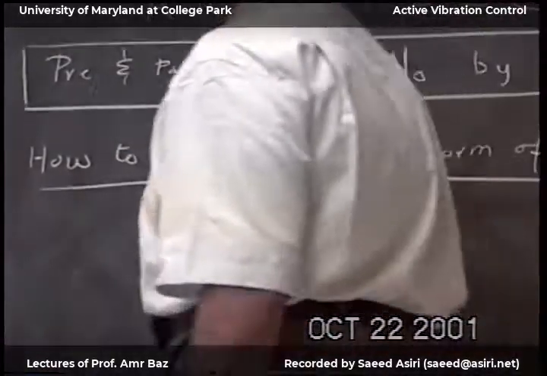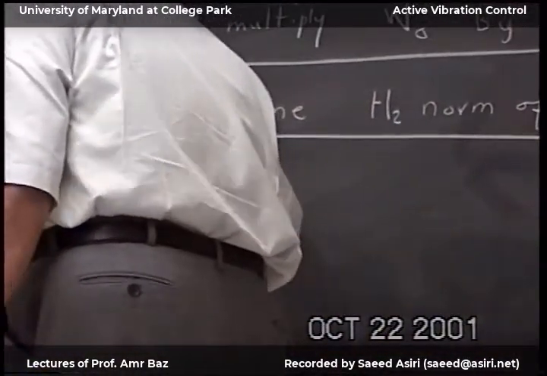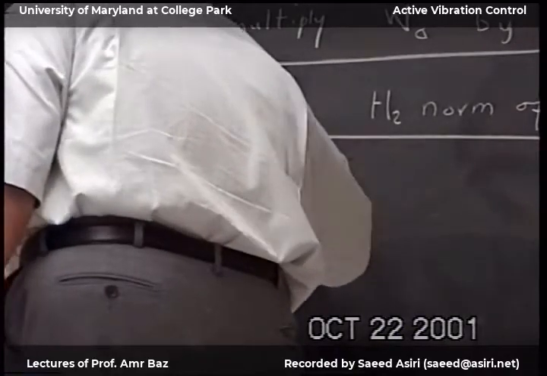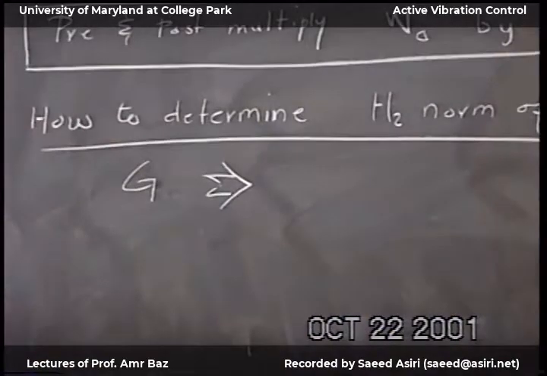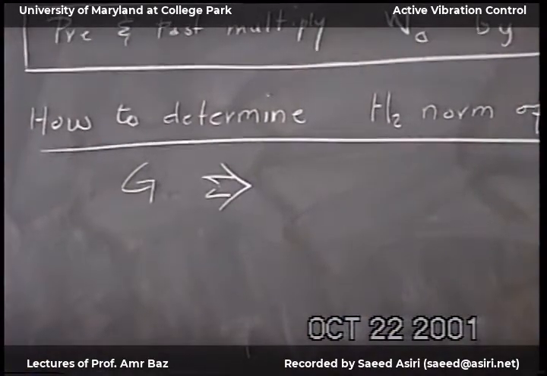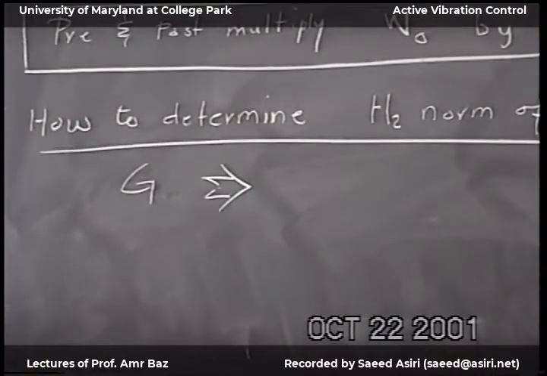You take the transfer function, G, and you can do a couple of things on it, two things.